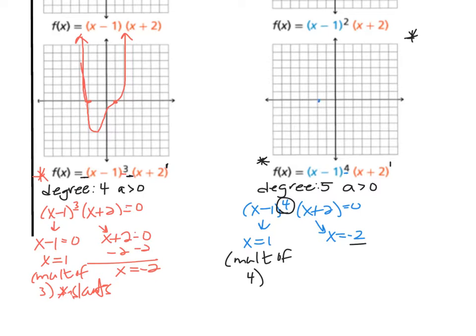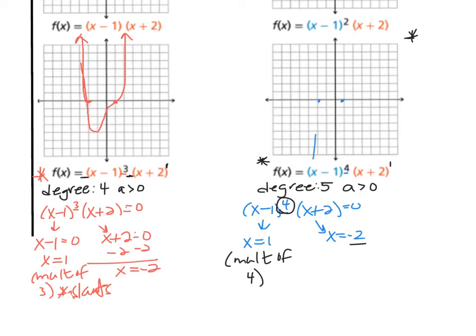So here's what this graph is going to look like. Let's see if we can make this shape happen. It's going to come up through that negative 2 on the left and have a turning point and make its way back down. As it approaches 1 on the right, it's going to kind of flatten out as it intersects that 1 and stays flat until it goes back up again. All right, let's try to see what that's going to look like.